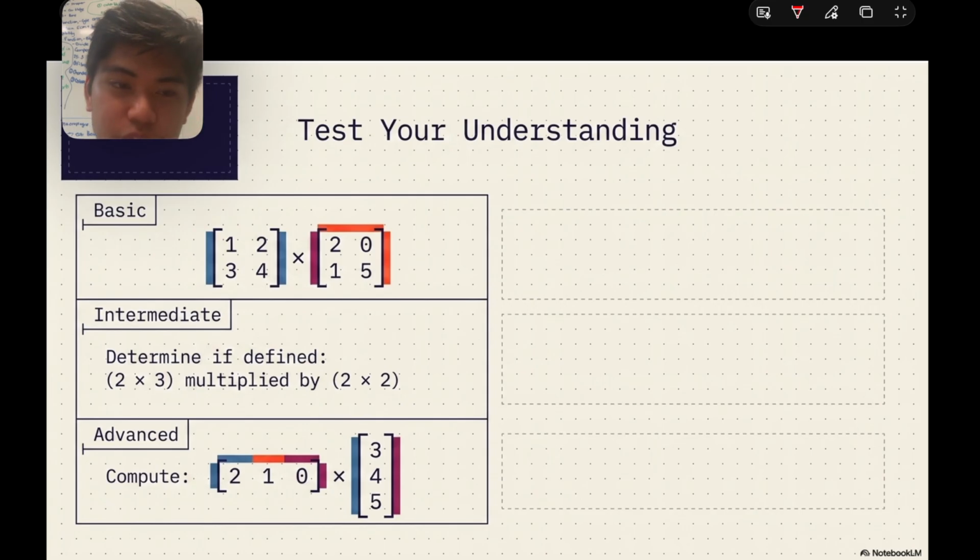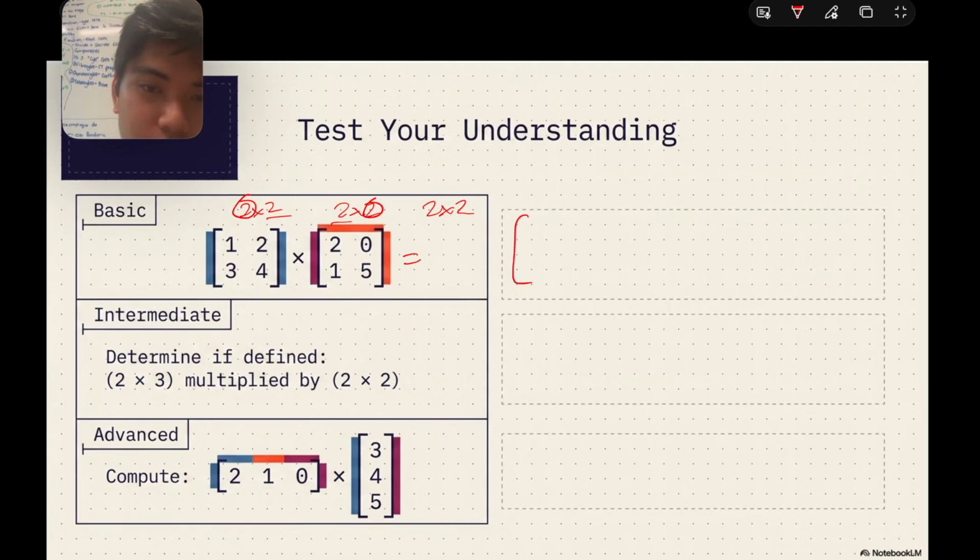So let's try some questions, starting from the basic and going to more advanced now. Let's compute these. We have a 2 by 2 and a 2 by 2 matrix. Inner dimensions are the same, they're 2, but my outer dimensions indicate that this will also be a 2 by 2 resultant product matrix.